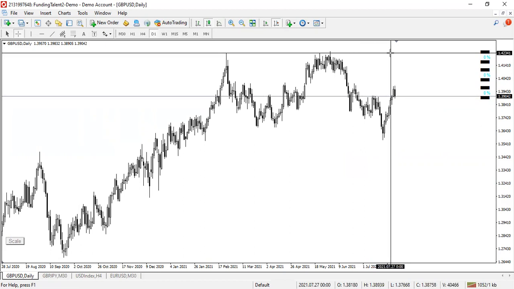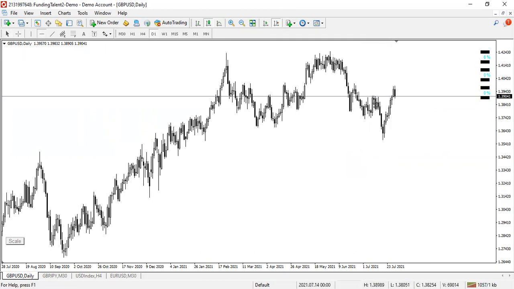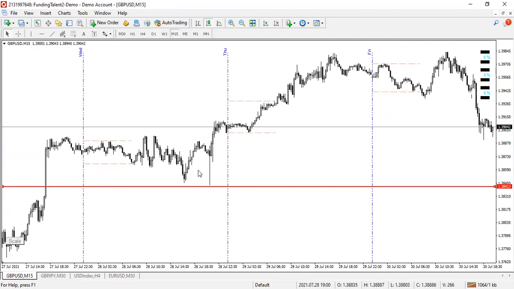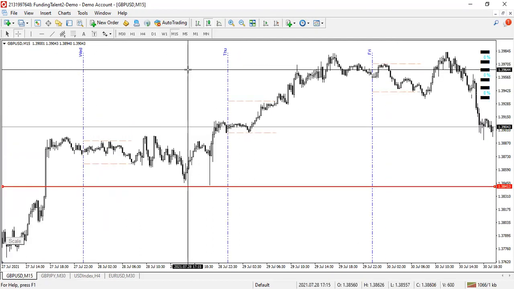Okay, now 28th. Still they're pushing up. This is 27th. This is where they closed. They broke this zone and closed above it on 27th. And 28th was this one here.